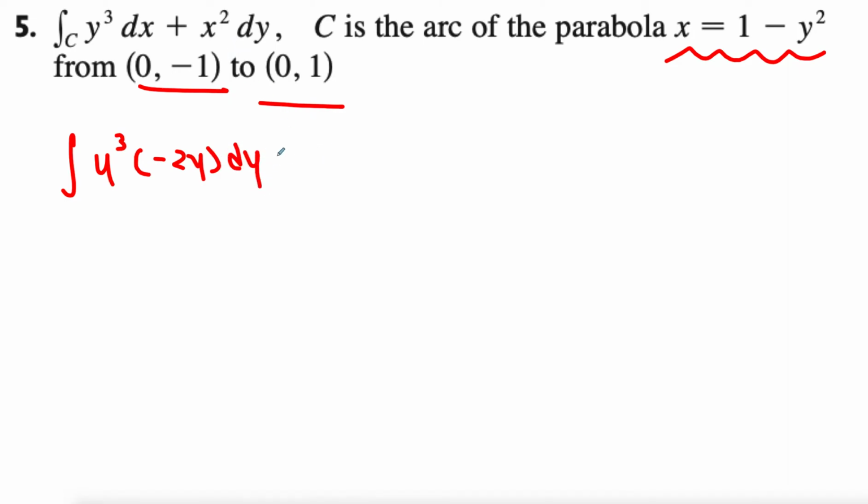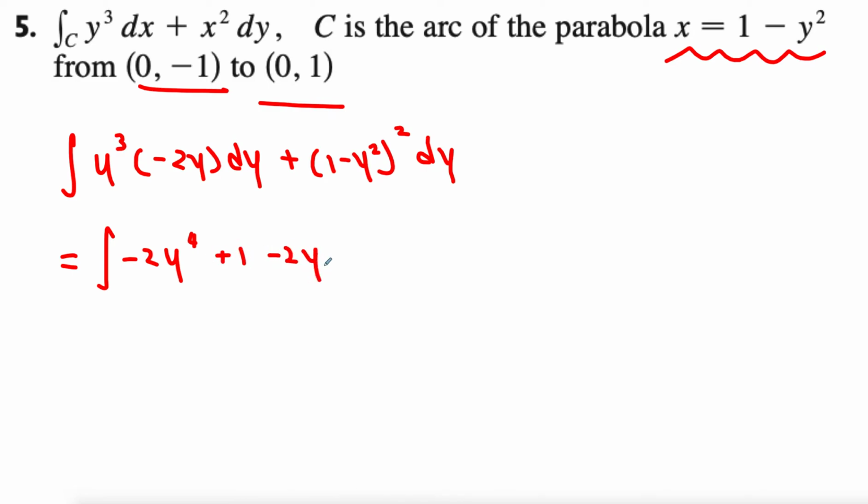And the second one is plus, x was 1 minus y squared, so we have 1 minus y squared, squared, dy. Since we have dy in both places, I'm going to pull that out. So we get -2 y to the 4th power, plus 1 minus 2y squared plus y to the 4th power dy.